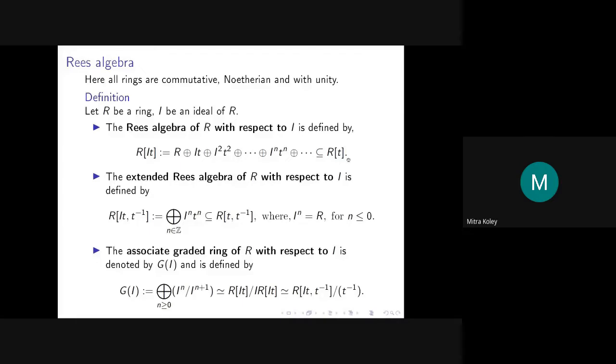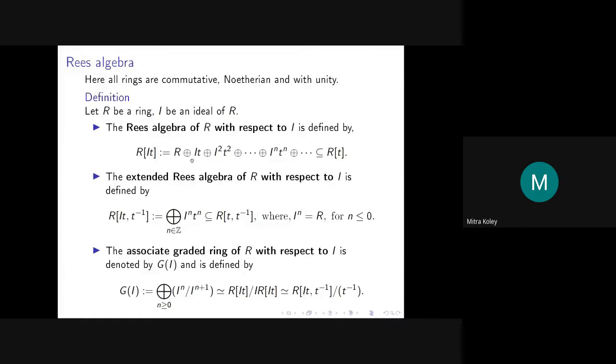It's a non-negatively graded algebra where the zeroth graded piece is R, the first graded component is I, the second graded component is I squared, and so on, and t is there just to record the degree of the component.